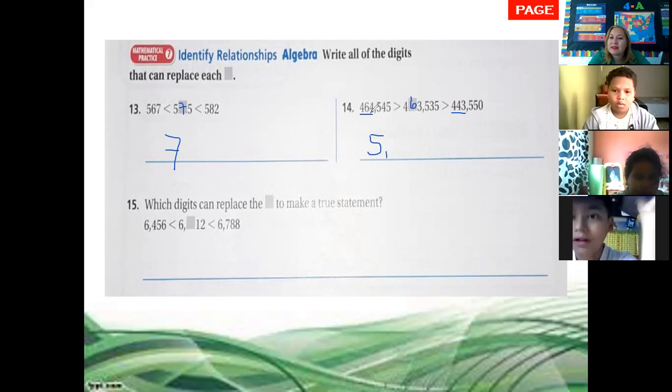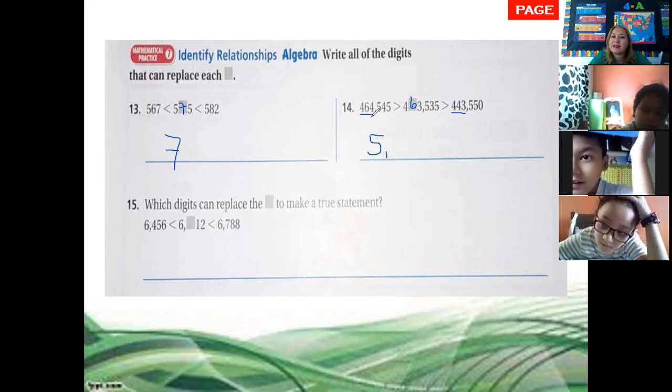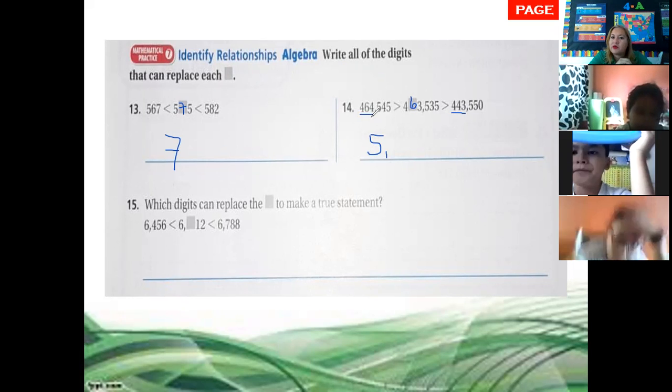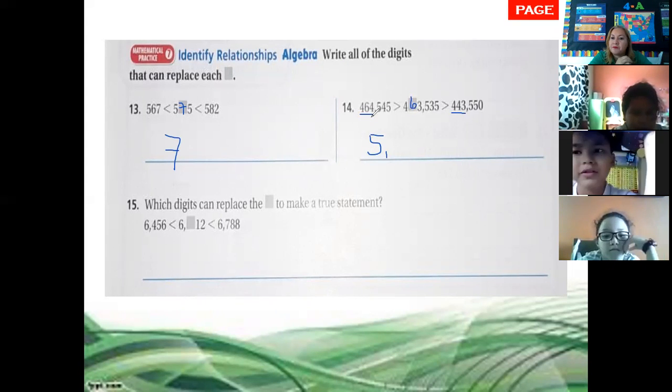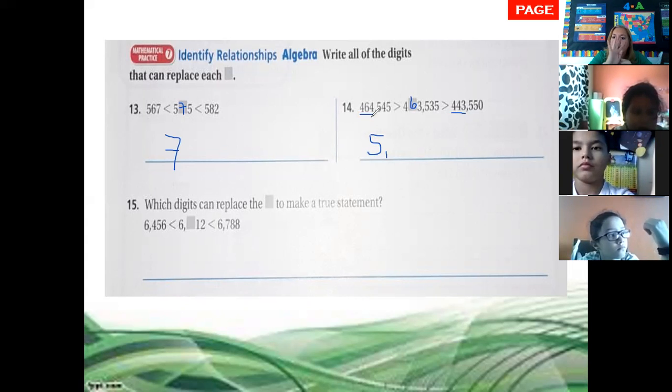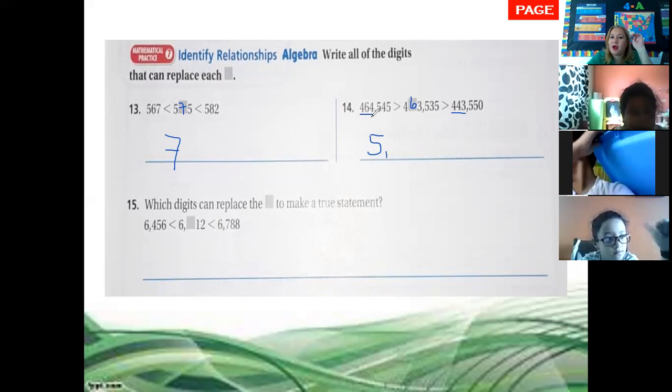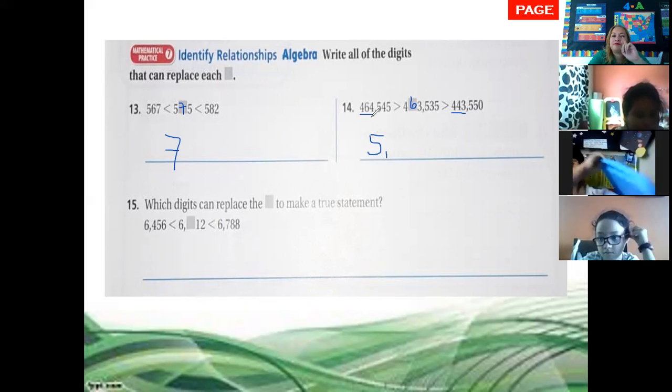But listen, analyze the number. The first amount says 464 is greater than 463. Is that correct? Yes, the first one is 464 and the second one is 463, so it has one more unit.